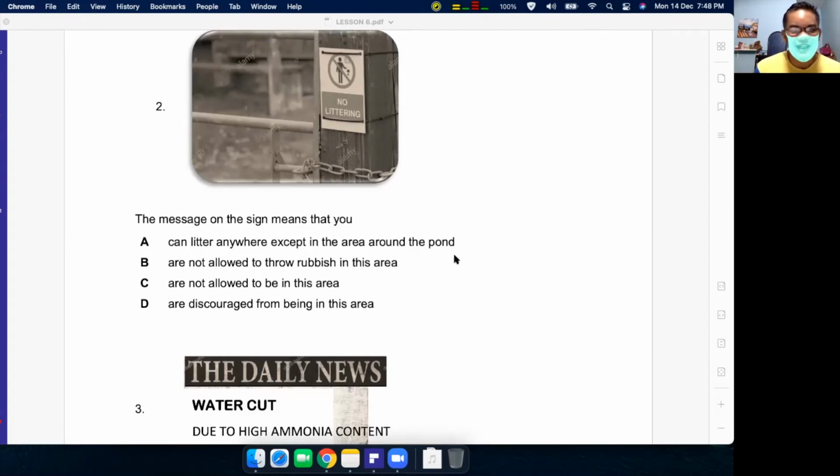Not likely, right? B. Are not allowed to throw rubbish in this area. Maybe. C. Are not allowed to be in this area. And lastly, are discouraged from being in this area. So what's the best answer, people? You got it, okay?